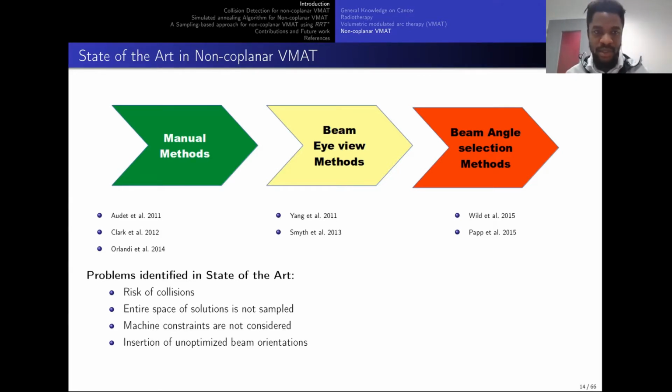From the state of the art, we identified some problems, like the risk of collisions, which is not well studied. Most of the methods in the state of the art try to limit the space of the solutions that they sample. And usually, during the beam selection, the machine constraints are not considered. Then in the end, these methods start to insert an unoptimized beam in order to create a valid trajectory.